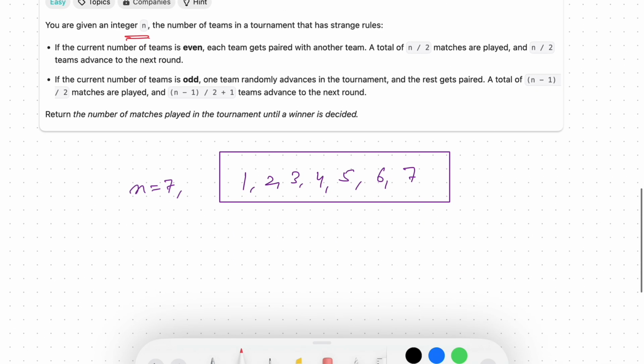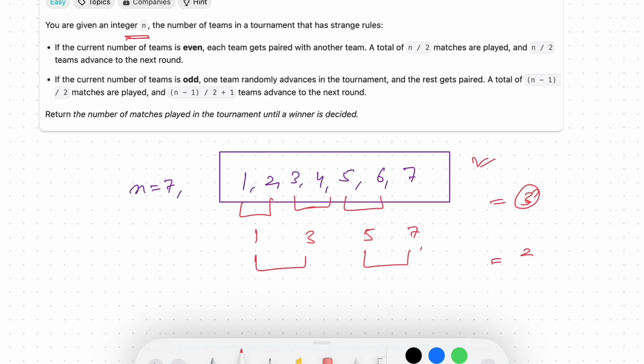So let's say we are given n teams. In the first round we are going to have matches, let's say between 1 and 2, 3 and 4, 5 and 6. So in the first round we are going to have 3 matches, and after that let's say the winners are 3, 5, 7. Now in the second round 2 matches.